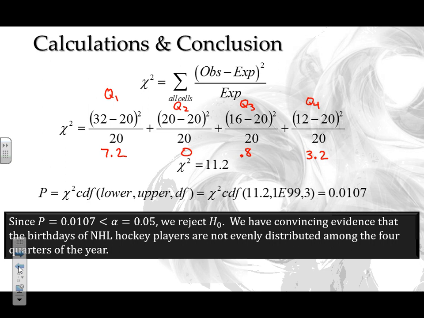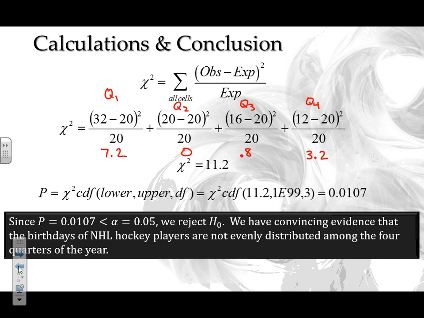So it has the highest component for the chi-square statistic, but in which direction? Was it higher than expected or lower than expected? Higher. There were 12 more hockey players born in quarter 1 than we expect based on our original distribution.